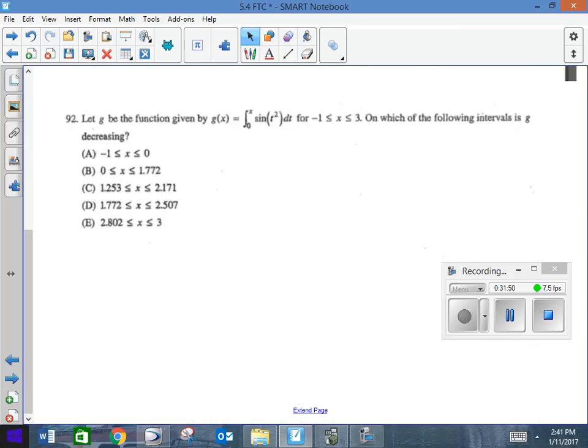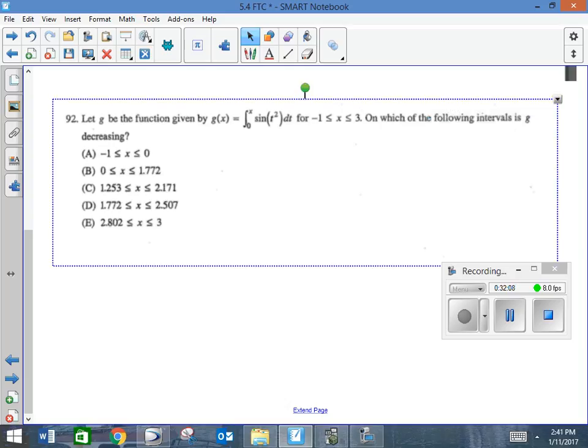All right, let G be the function given by G of x, the integral from 0 to x of sine of t squared dt, for x between -1 and 3. On which of the following intervals is G decreasing? Okay.